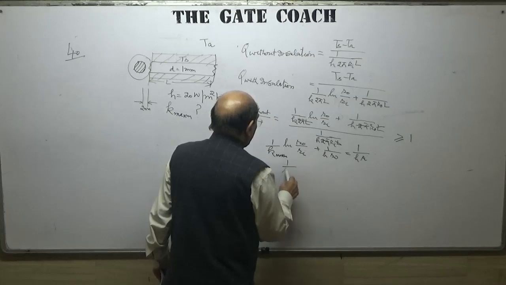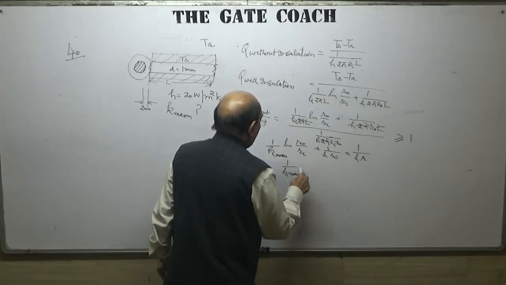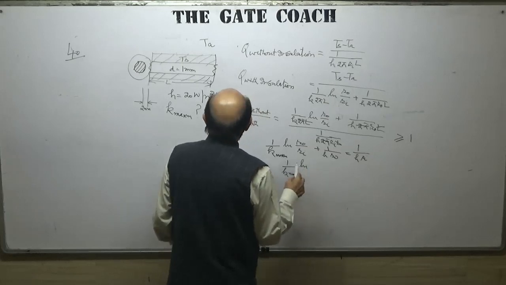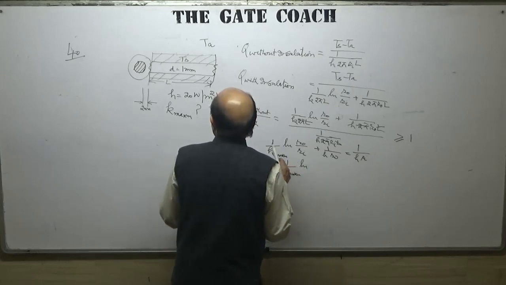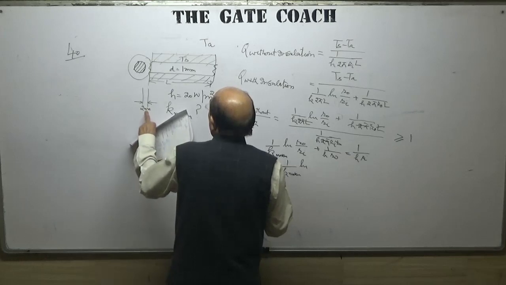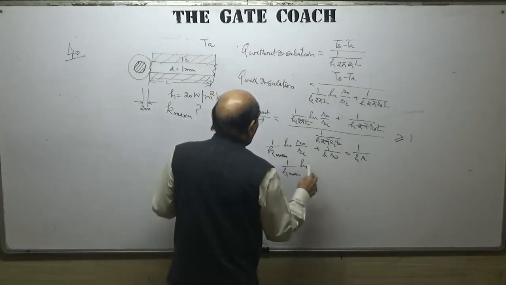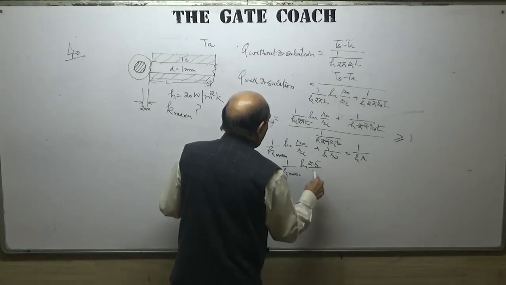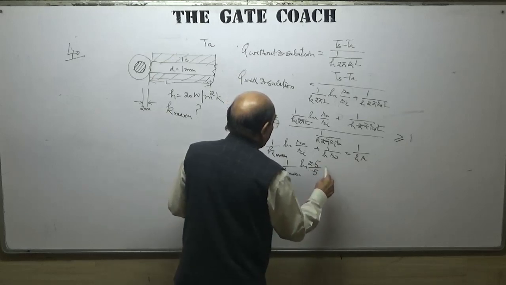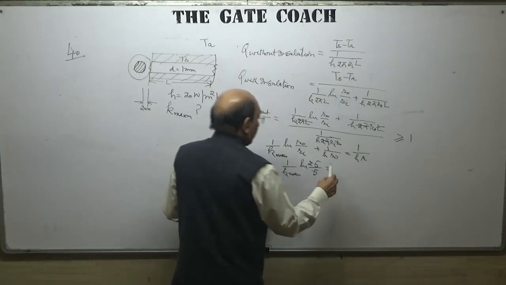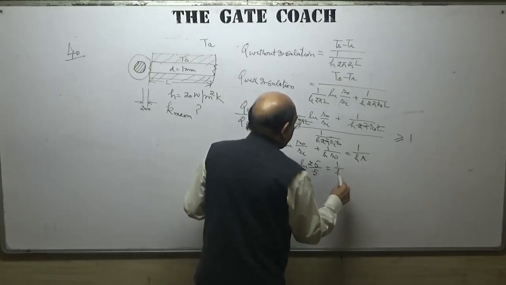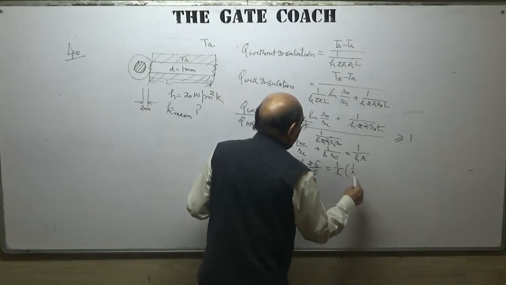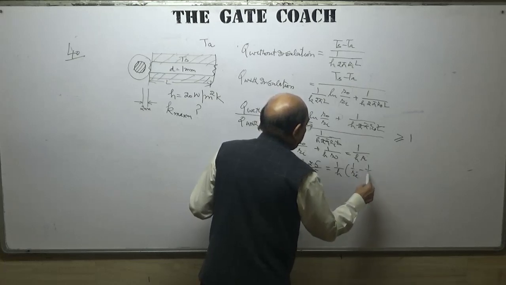So 1 upon k maximum log of Ro 2.5 millimeter upon Ri 0.5 millimeter should be equal to 1 upon h into 1 upon Ri minus 1 upon Ro.